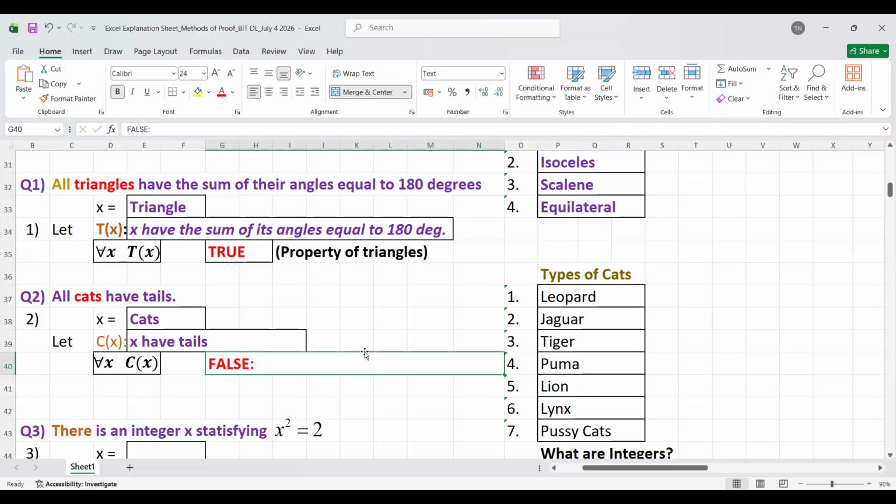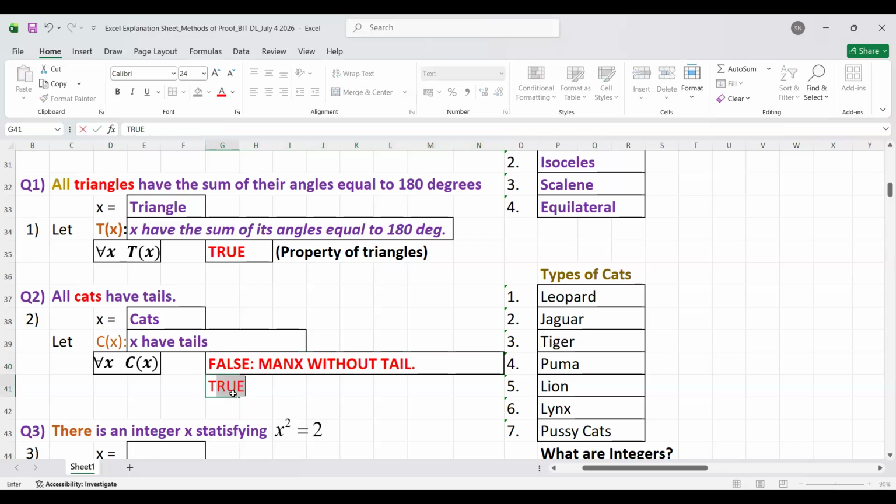I'm saying that this statement is false because there is a Manx cat that does not have a tail, and if you don't know that, then you will restrict your answer.